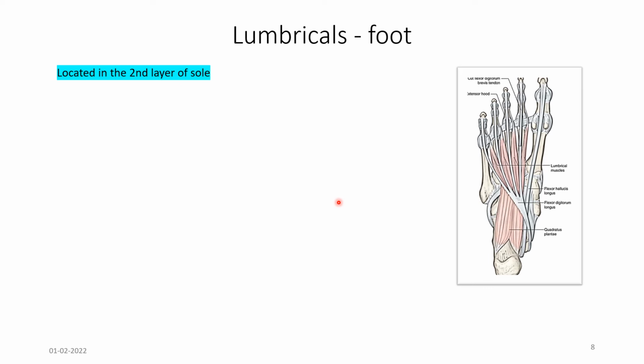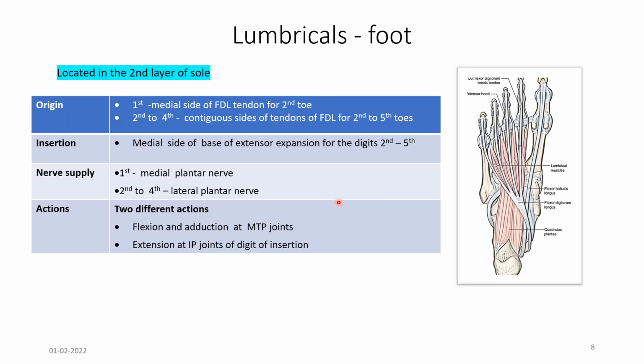There are 4 layers in the sole of foot, and in the second layer you will see the lumbricals. Let us see their origin from first to fourth. The first lumbrical takes origin from the medial side of the flexor digitorum longus tendon for the second toe, whereas the second, third and fourth arise from the contiguous sides of tendons of flexor digitorum longus for the second to fifth toes.